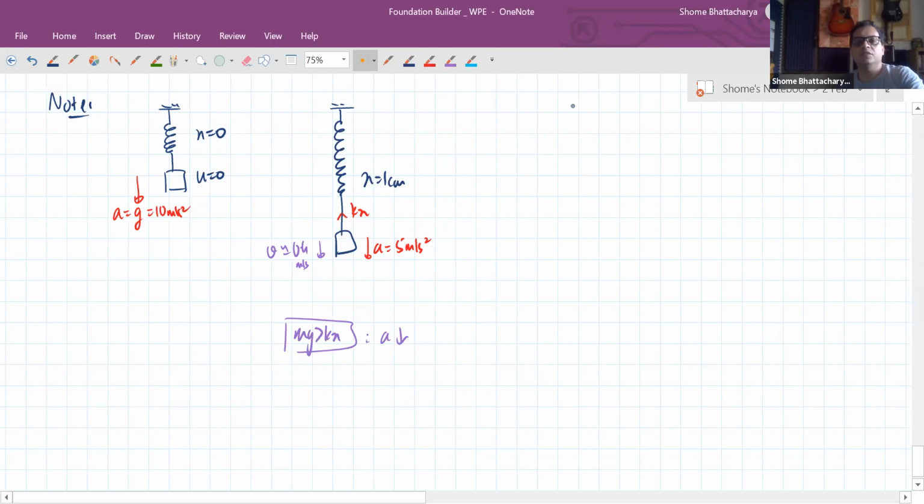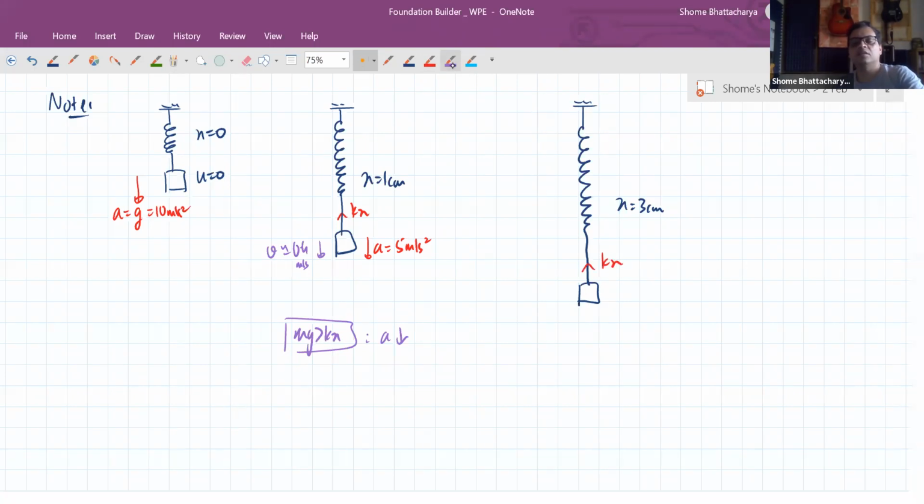But by the time we reach a displacement of 3 centimeters, so the extension of the spring is becoming 3 centimeters, we are seeing that kx is dominating, so it's having an upward acceleration of 5 meters per second square.